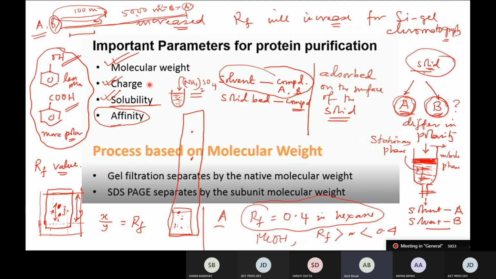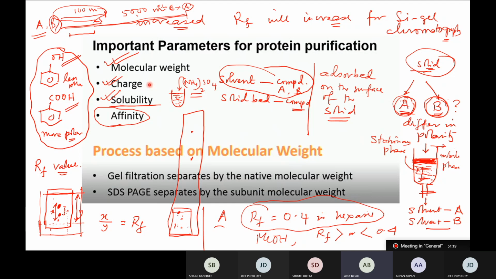I will discuss what this affinity means. Affinity means the interaction between two compounds, like if we say phosphorus has higher affinity for oxygen because of the strength of the phosphorus-oxygen bond. We use this word affinity many times.